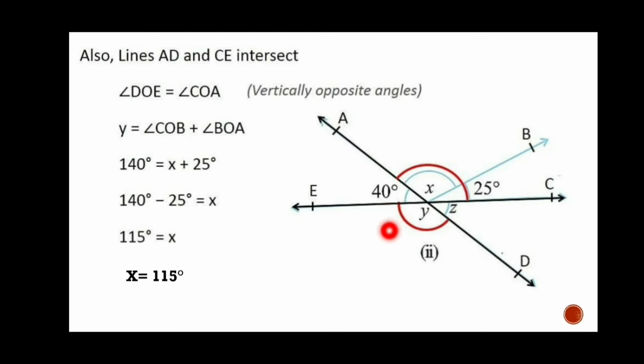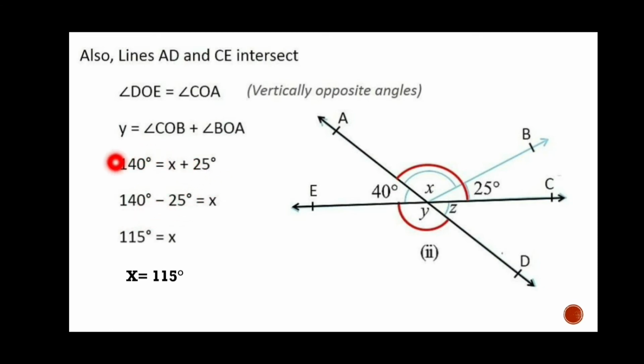So we can write that x plus 25 degree, this complete angle, will be equal to angle y. And what is the value of angle y? 140 degree. So we can write that 140 degree is equal to x plus 25 degree.